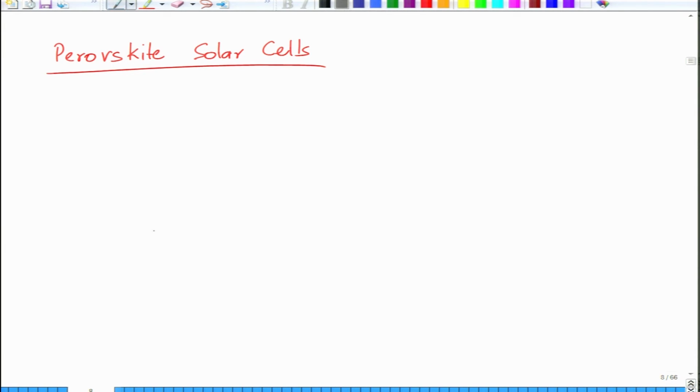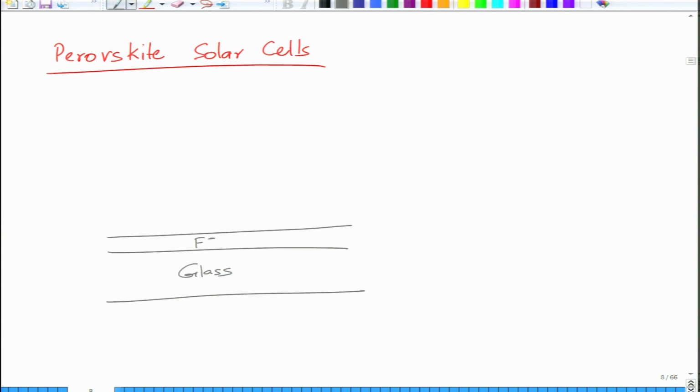So, in the current context we have a glass substrate, and then we have FTO, which is an electrode, and on top of this FTO we can have a TiO2, which is mesoporous TiO2, or a planar or compact TiO2.